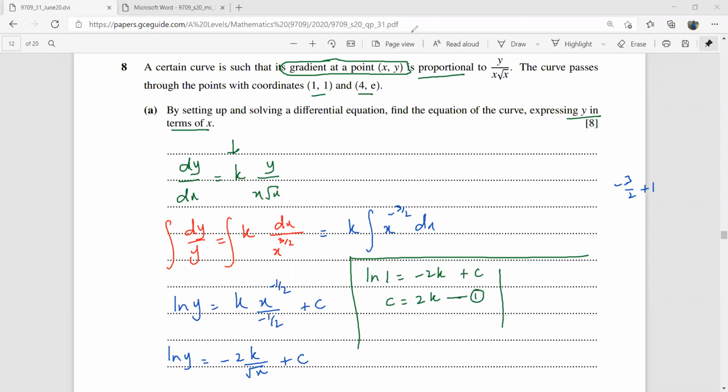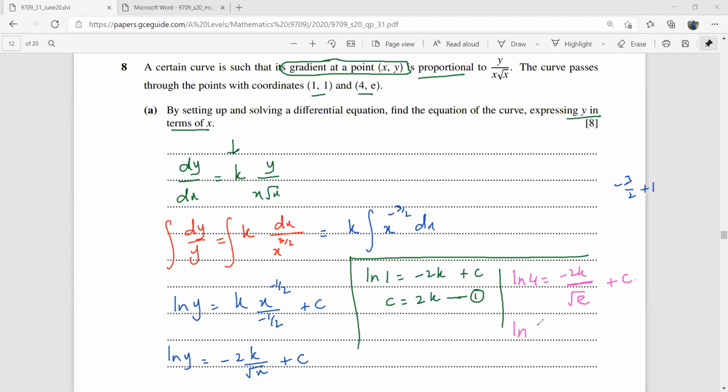Then we put the second point, ln 4 is equal to minus 2k over under root e, and then you have plus c over here. Now let's write 2k instead of this plus c.